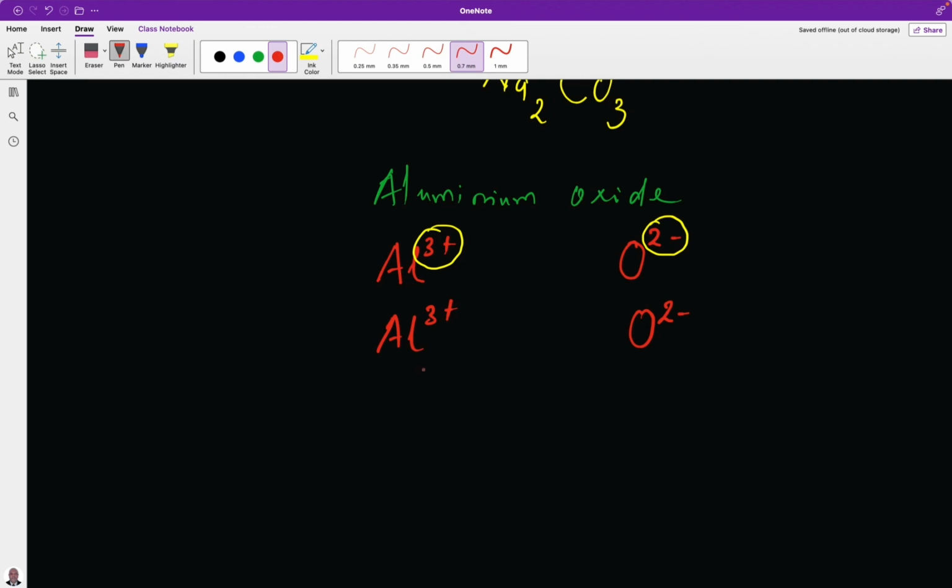We cannot add here, so let's add another ion here. 2 minus plus 2 minus plus 2 minus, there are 6 minuses, and 3 plus plus 3 plus, there are 6 plus. So this one can balance.